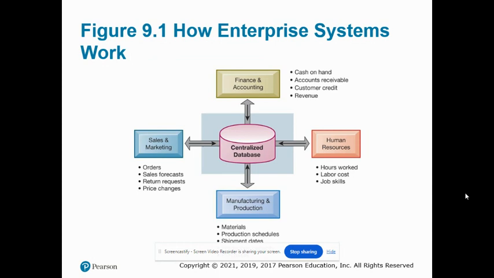Enterprise systems feature a set of integrated software modules and, at the heart of it all, the central database by which business processes and functional areas throughout the enterprise can share data.